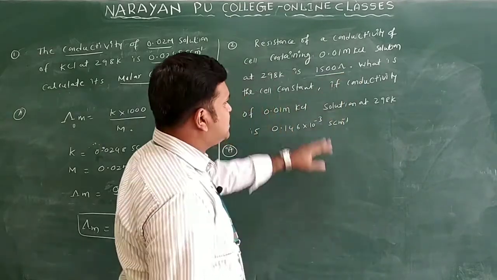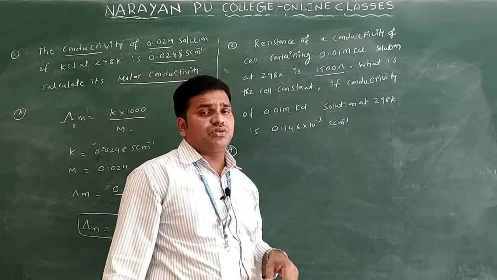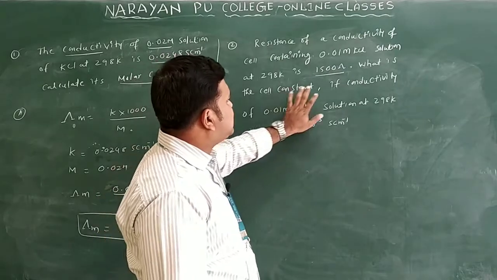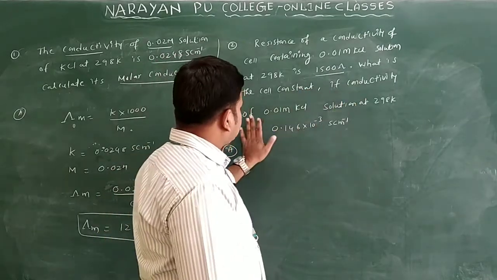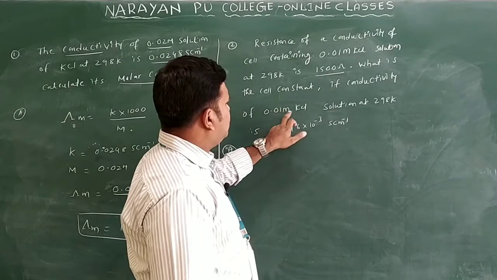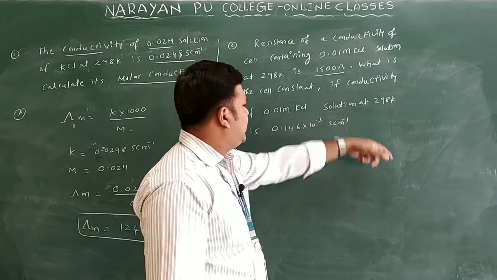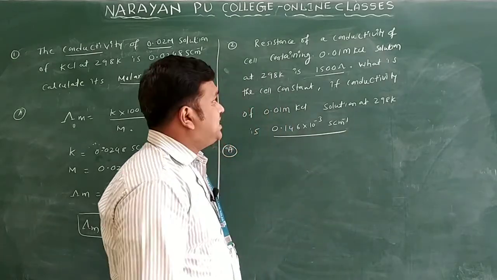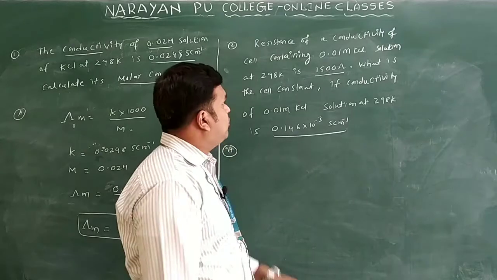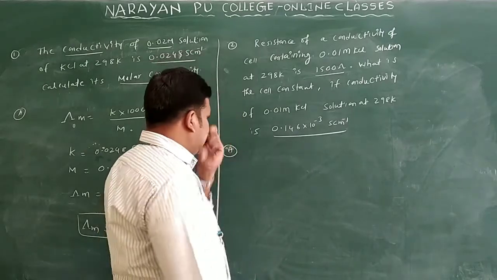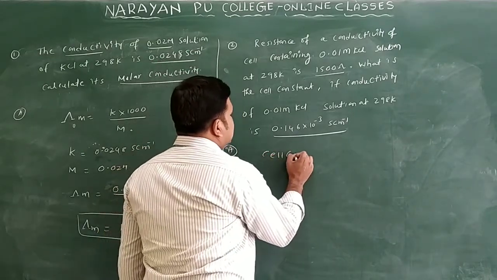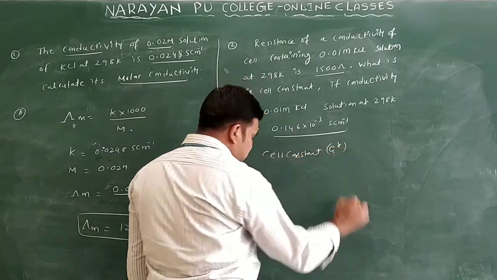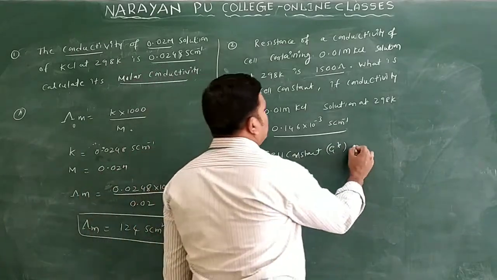What is the cell constant if the conductivity of 0.01 molar solution at 298 Kelvin is 0.146 into 10 power minus 3 Siemens centimeter inverse? What are they asking? They are asking for the cell constant. You know the cell constant is denoted by G star.